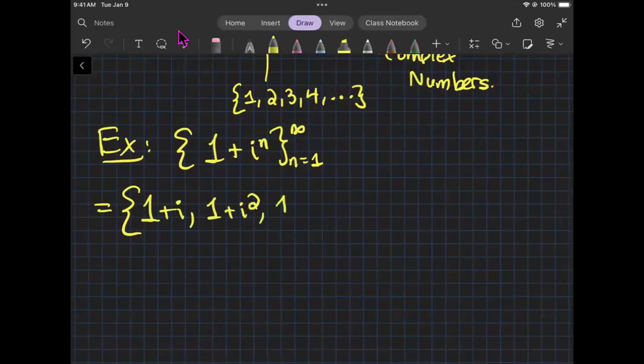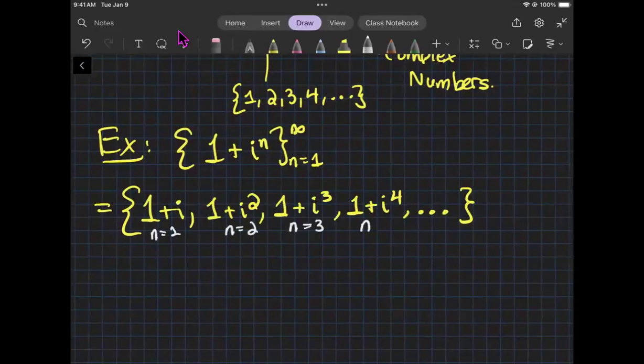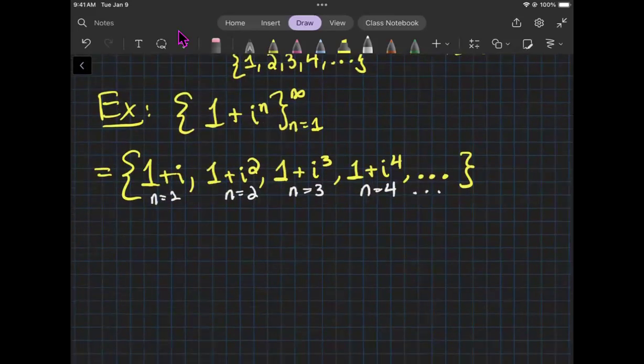When n is 3, this is 1 plus i cubed. When n is 4, we'll have 1 plus i to the fourth. And this pattern keeps going. So you get the idea.